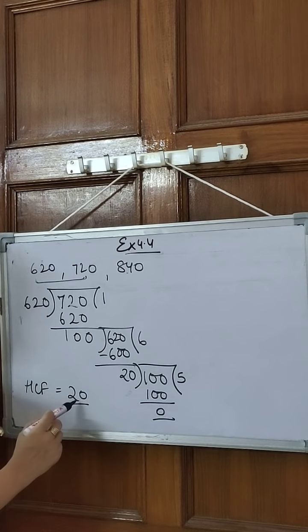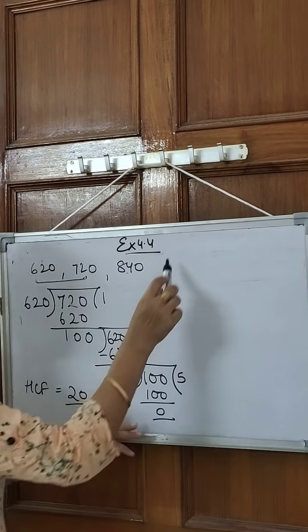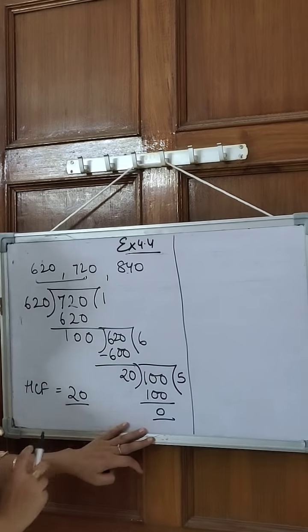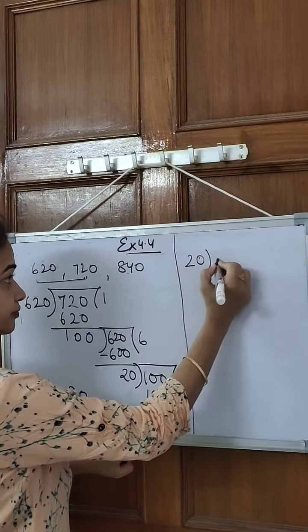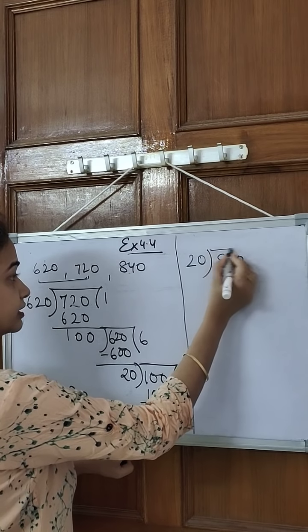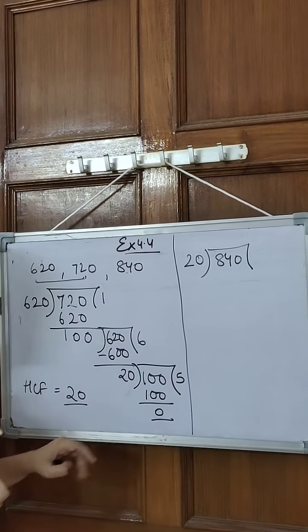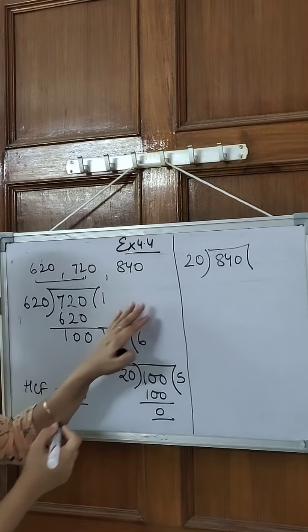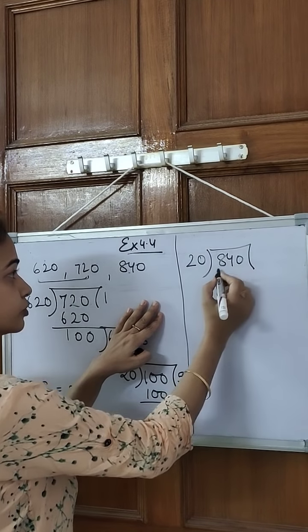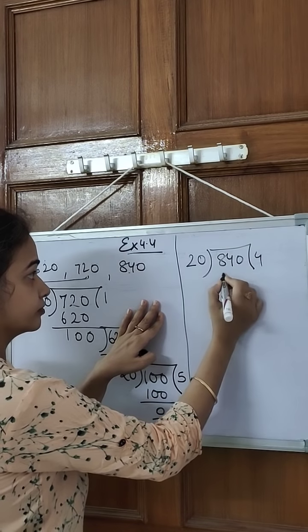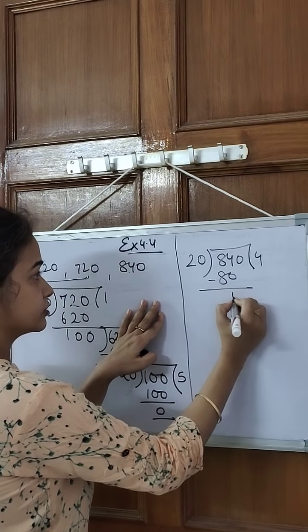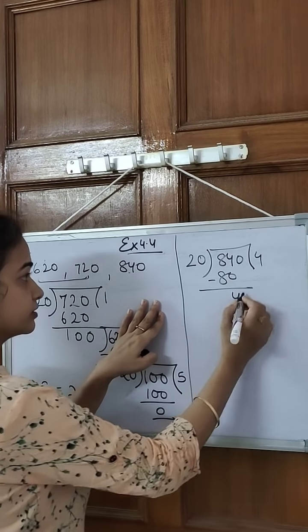Now I have to check whether it is the HCF for the third number as well. To do this, I will use the same method and find out whether these two numbers are completely divisible. So 84, 2 4s are 8, by 4, 80, so I get 4 left.